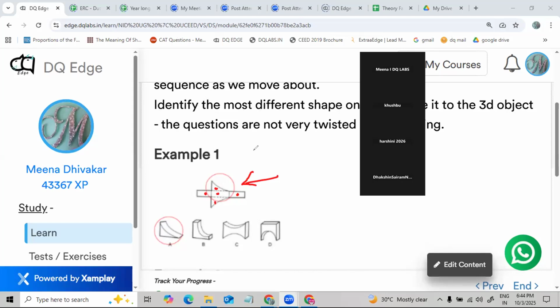Can you just repeat again? Ma'am, it's option A. Yes, but my question is how many surfaces are there in this picture? 5, ma'am.